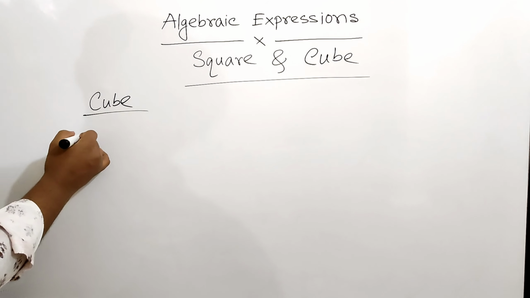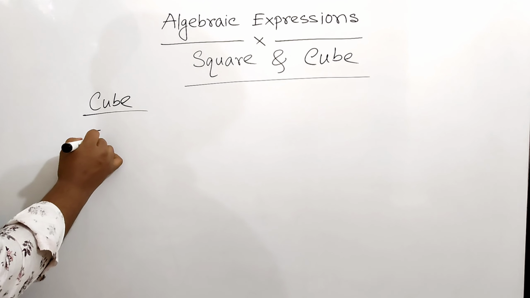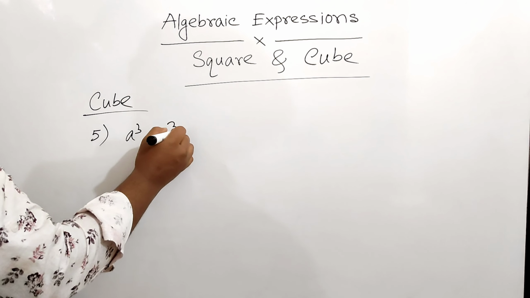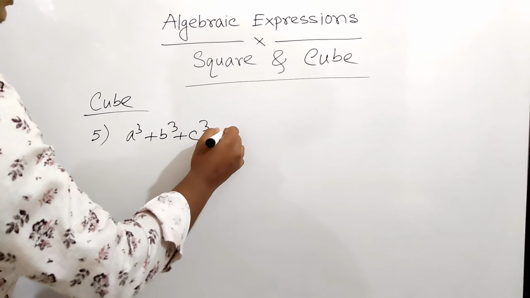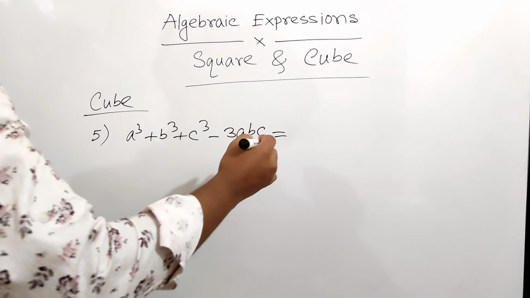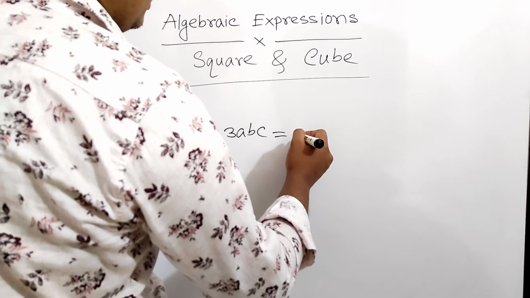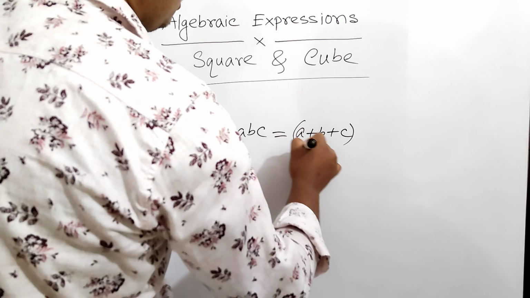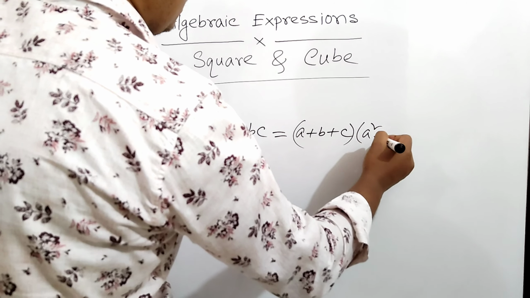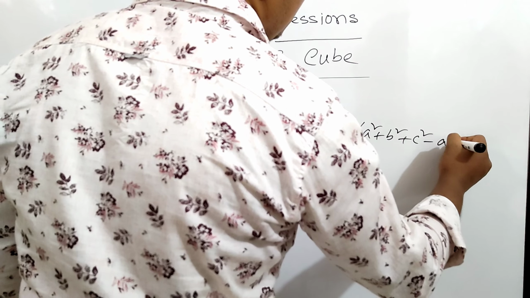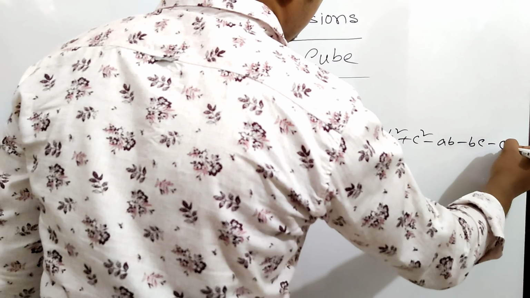Okay, now formula number 5. If it is a cube plus b cube plus c cube minus 3abc, then you can use this formula, that is (a plus b plus c) into (a square plus b square plus c square negative ab negative bc negative ca).